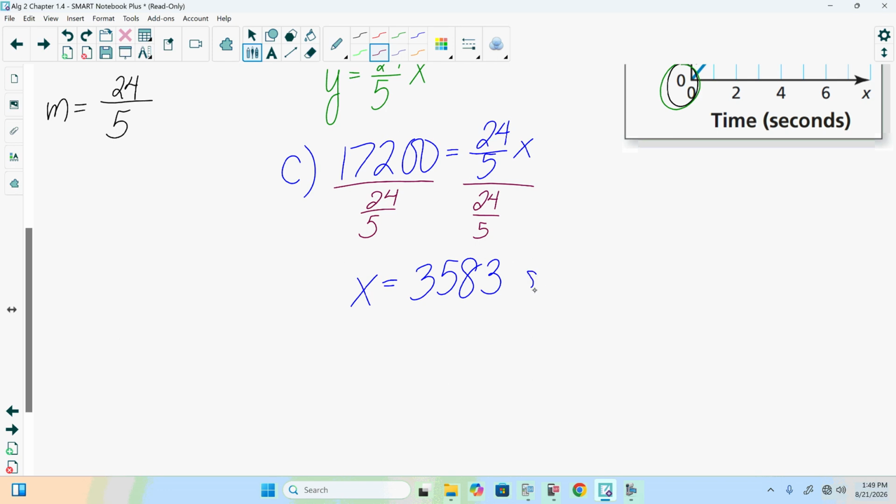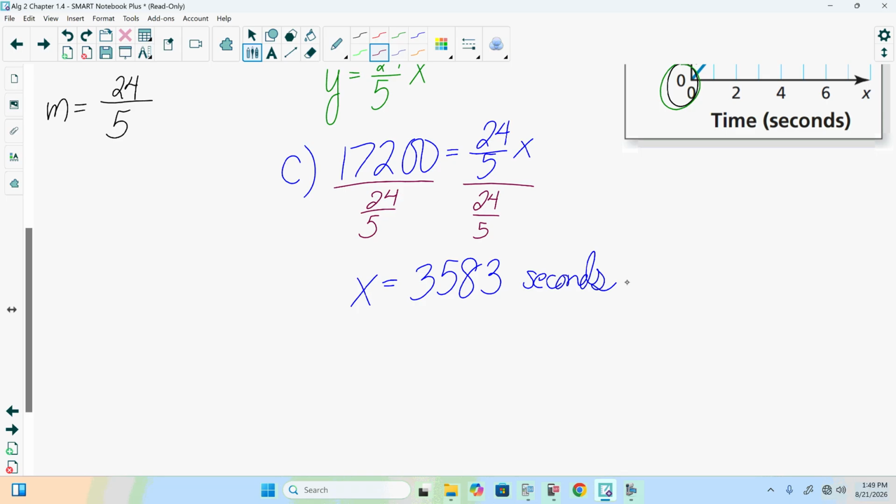And that would be 3,583 seconds. It takes it 3,583 seconds to travel 17,200 miles.